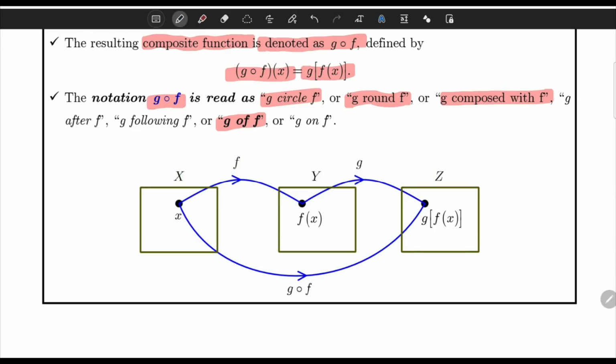If you have set X, set Y, and set Z, f will be from X to Y, and g from Y to Z. So this is g of f, meaning we do f first, then only g.